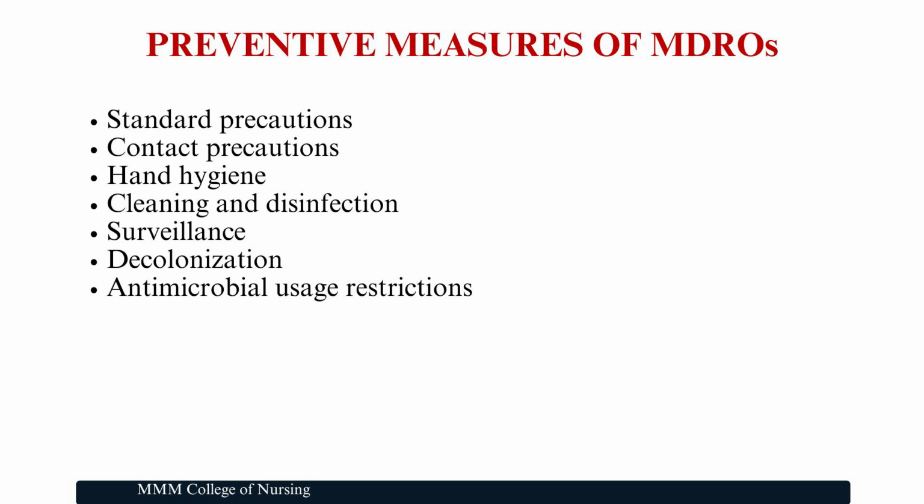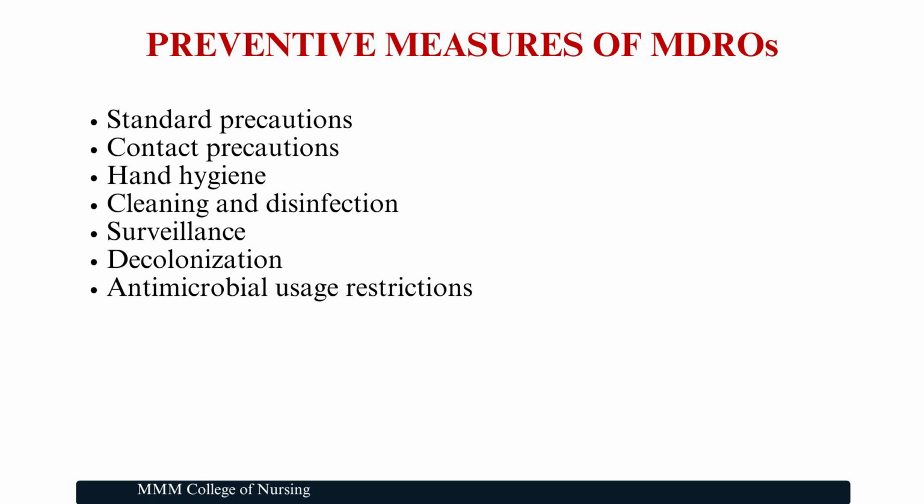The next one is surveillance, that is a periodic or routine inspection within the healthcare facility, which must be done at 2 levels: patient surveillance and health worker surveillance. And the next one is decolonization, that is nasal 2% mupirocin and chlorhexidine gel wash, and systemic antibiotics can be used for decolonization of healthcare workers and colonized patients with or without symptoms.